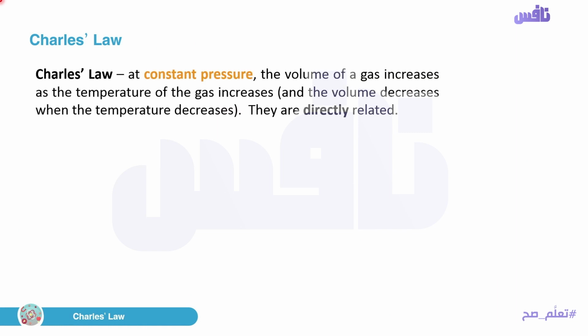At constant pressure, the volume of gas increases as the temperature of gas increases. And so on, the volume decreases when the temperature decreases, because volume and temperature are directly related.